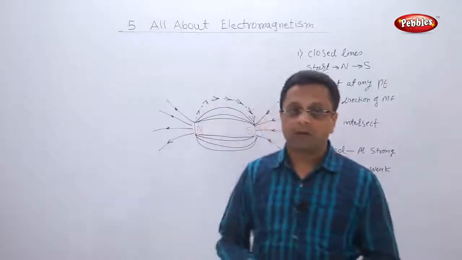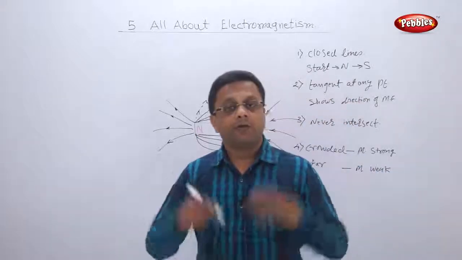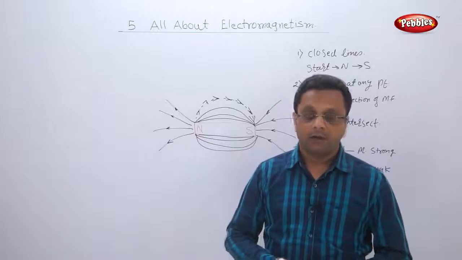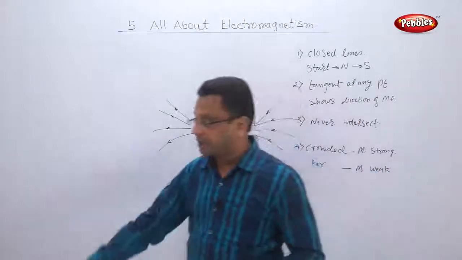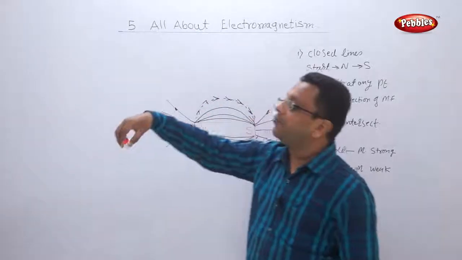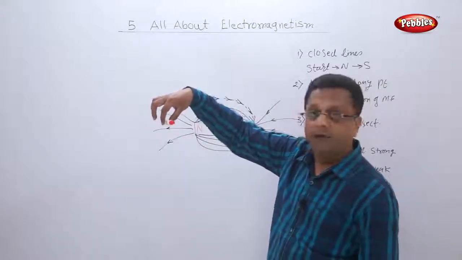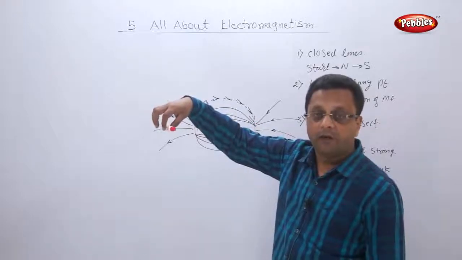Now I am talking about the compass, or we did an experiment with a compass. You take any bar magnet or any permanent magnet. If you hang that permanent magnet with a thread in between and let it rotate freely, what will happen?